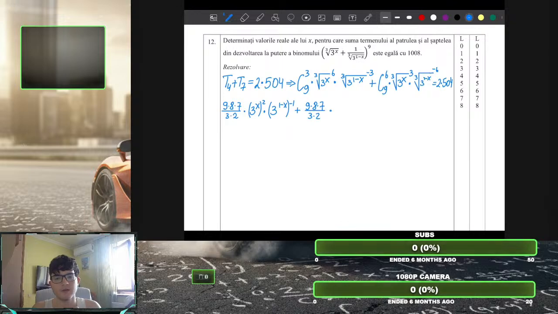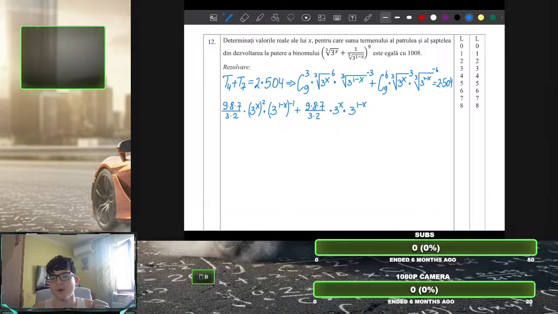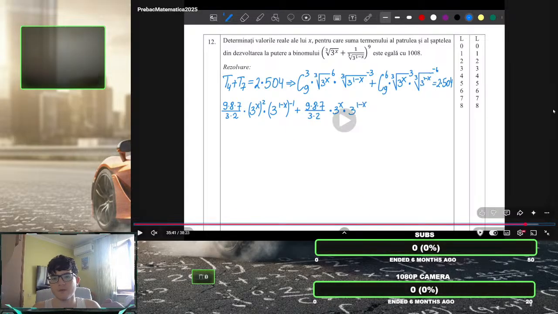Okay? So C93 and C96 is equal. And for the next thing, we just write down 3 to the power of x because the third power just removes the square root of a third order. And right there, minus 6 removes that of a third order, but remains with minus 2 on the power right there.